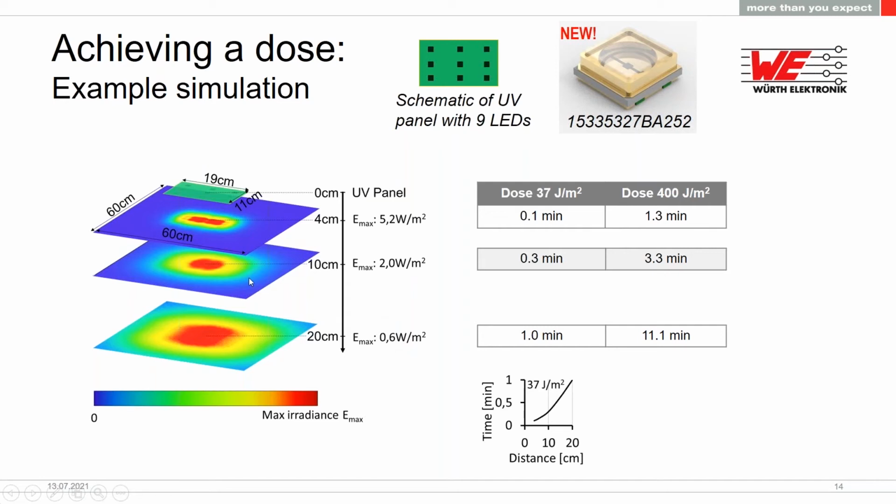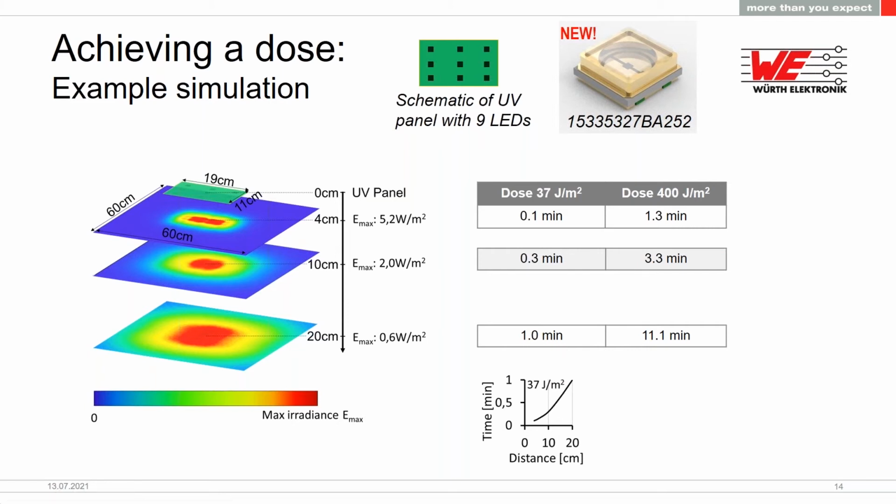So this means that even though for a larger distance you irradiate a larger area, you need more time to achieve a certain dose for disinfection. For example, I show you here for a dose of 37 joules per square meter. At 4 centimeter distance, I only need 0.1 minutes, but at 20 centimeter distance, I already need about 1 minute.